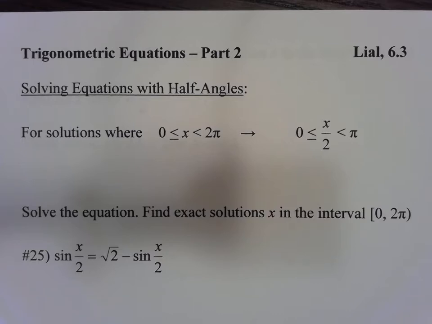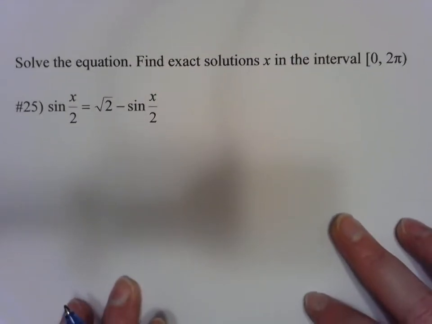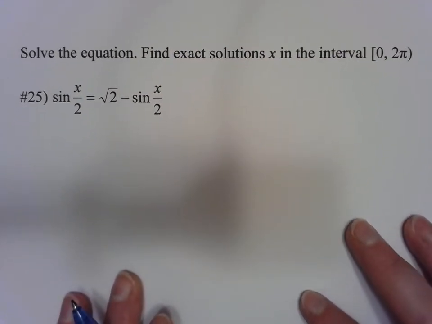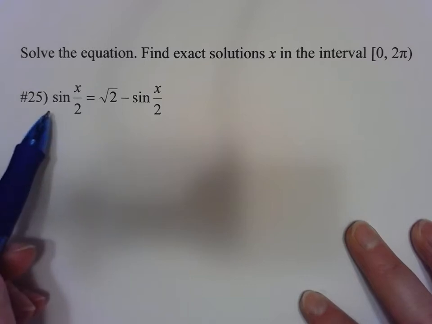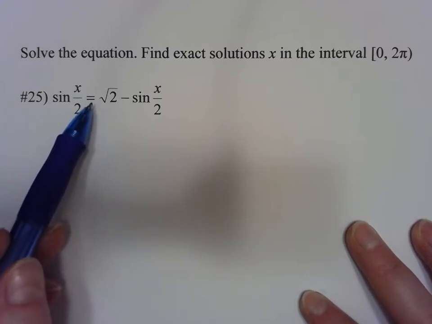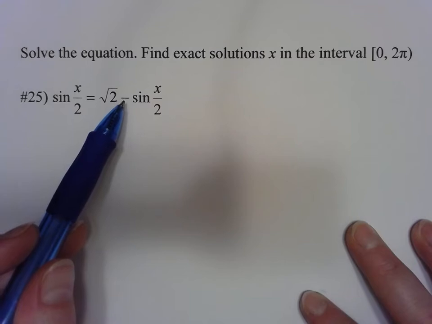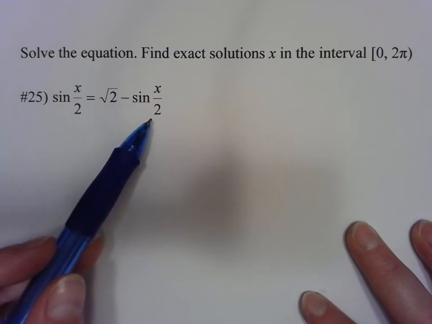The first one says solve the equation, find exact solutions in the interval from 0 to 2 pi. Okay, so we have the sine of x over 2 is equal to the square root of 2 minus the sine of x over 2.